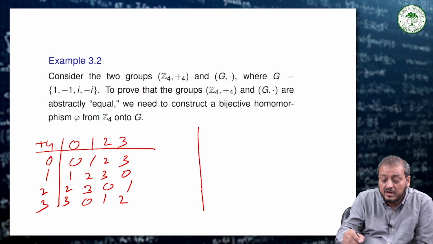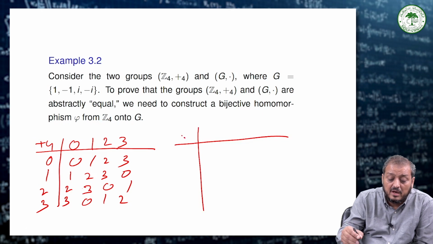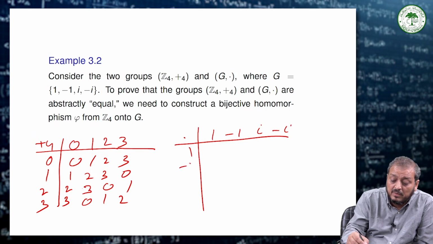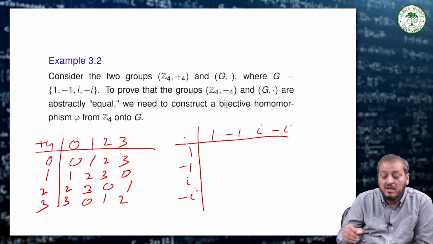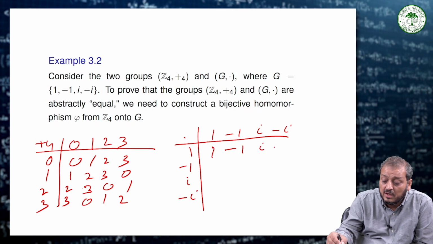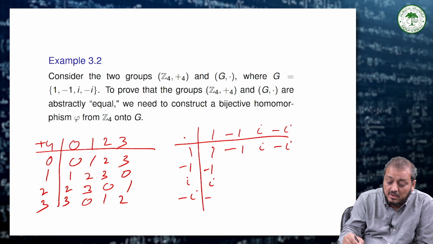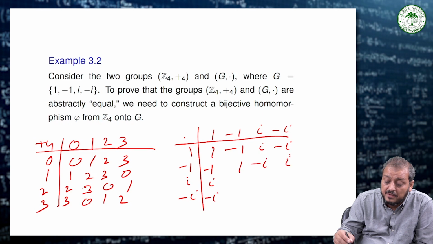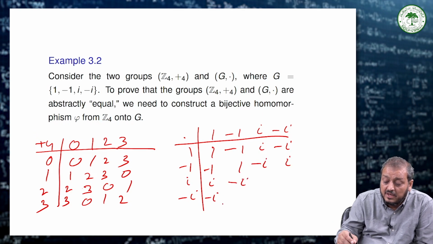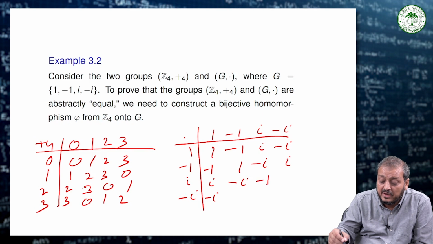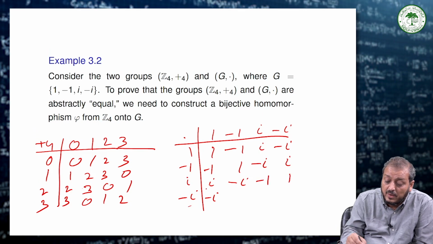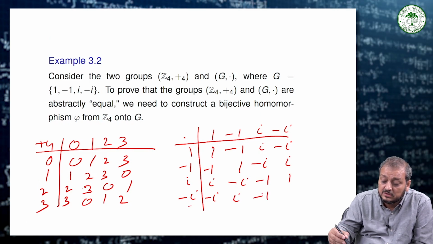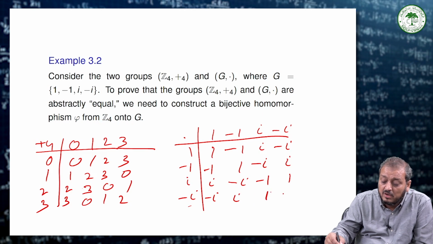And similarly, we draw the table under multiplication for the group G with elements 1, minus 1, i and minus i. The rows are 1, minus 1, i, minus i; then minus 1, 1, minus i, i; then i, minus i, i squared equal to minus 1, then 1; then minus i, i, 1, minus 1.